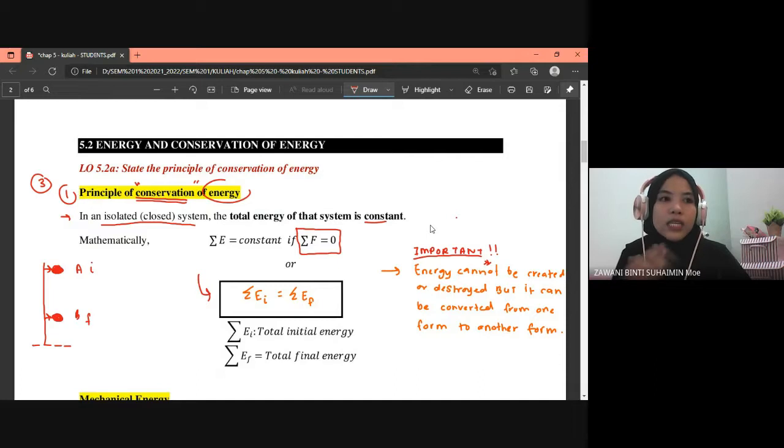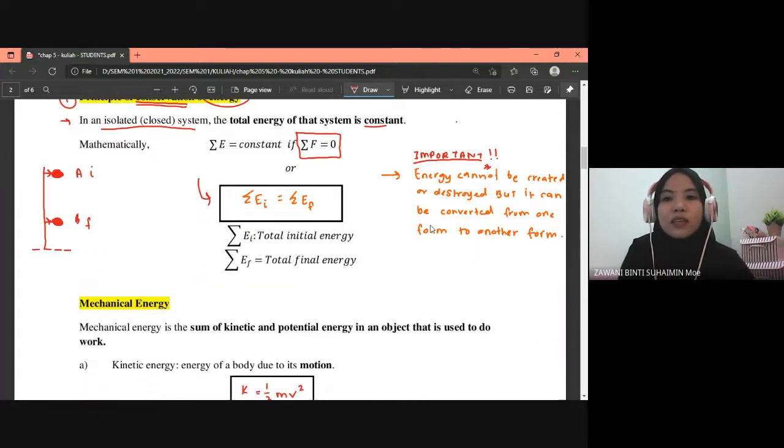So maksudnya tenaga elektrik tu, okay, dia akan 5 joule selama-lamanya. Okay, 5 joule tu mungkin dia akan convert kepada tenaga haba, okay, sebanyak berapa joules, okay, sebanyak berapa persen jadi tenaga haba, lagi beberapa persen dia jadi tenaga light energy. Okay, so that is the transformation of energy lah yang kita boleh tengok dengan mudah. Okay, so sebenarnya energy kita sentiasa ada dekat sekeliling kita. Okay, so itu yang dimaksudkan dengan statement ini.